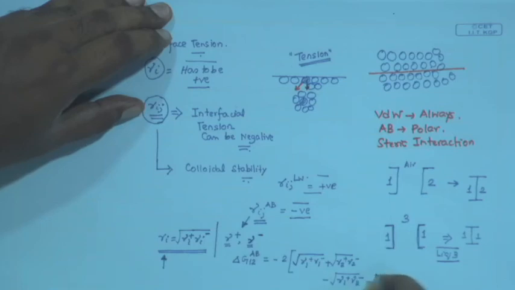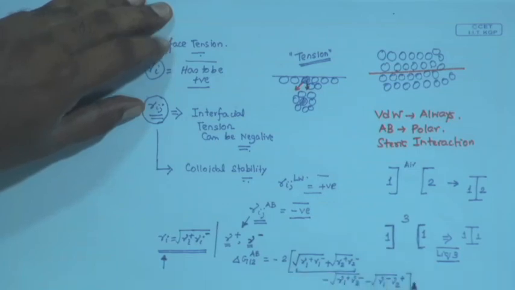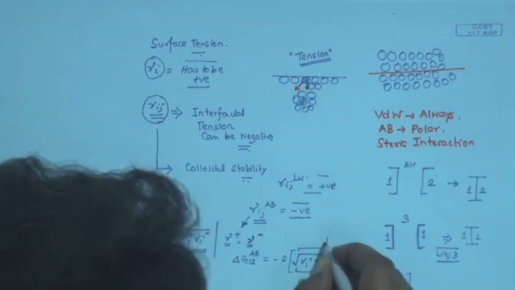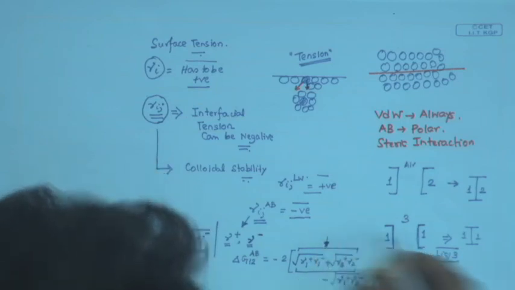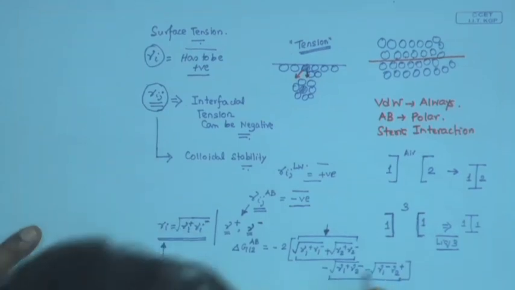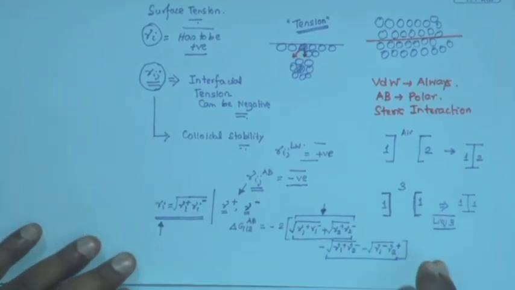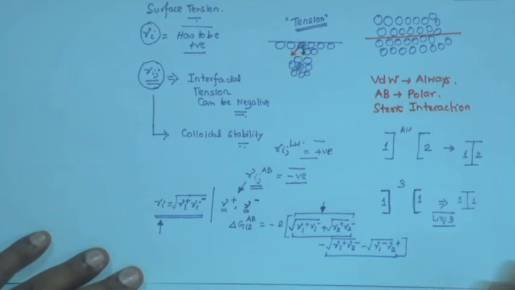You in fact notice that these are the two adhesive components, these are the two cohesive components of the polar interaction within a material, and this is the polar interaction or the cohesive component of polar interaction between the two materials 1 and 2.